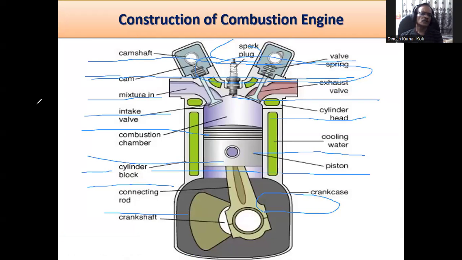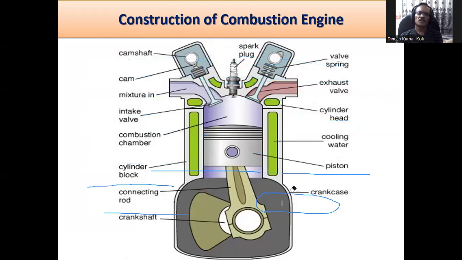So now you can see here, this is the diagram for one engine, which is the petrol engine or the auto engine. So different parts of the engine are there. Mainly you can see this portion.